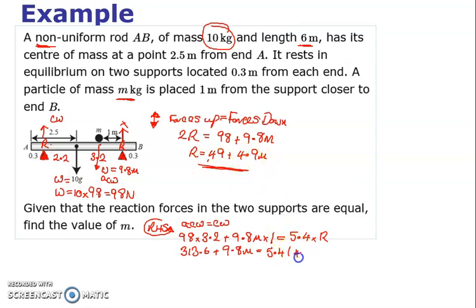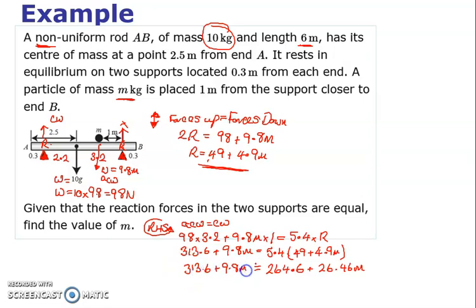So times by the 49 plus 4.9M. That's a bracket. So I need to multiply out this right hand side. 5.4 times 49 is 264.6. Because they're the same numbers, and multiply that out, I'll get 26.46M. And that's equal to 313.6 plus 9.8M.